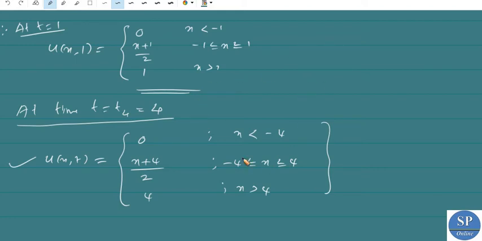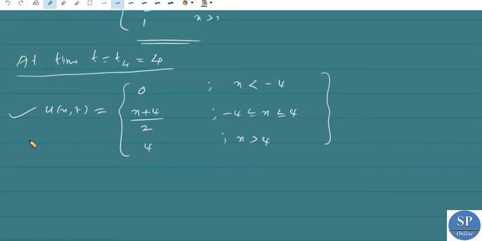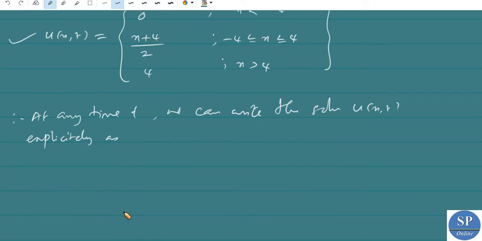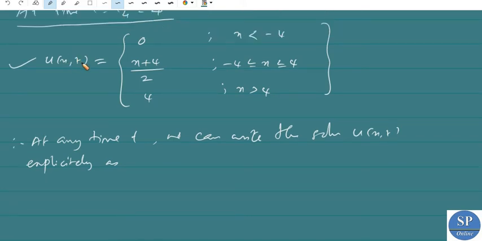So from these two, we can conclude, or express, our solution explicitly. Therefore at any time t, we can write the solution u(x,t) explicitly. Here this is for time t equal to 4.